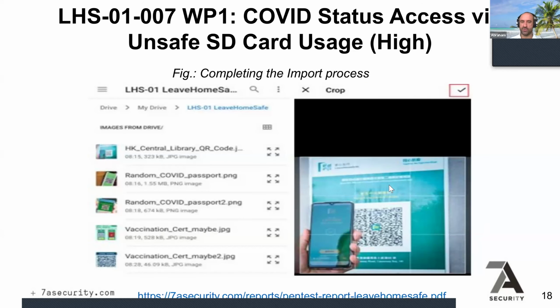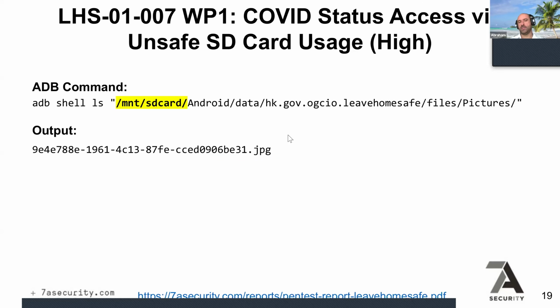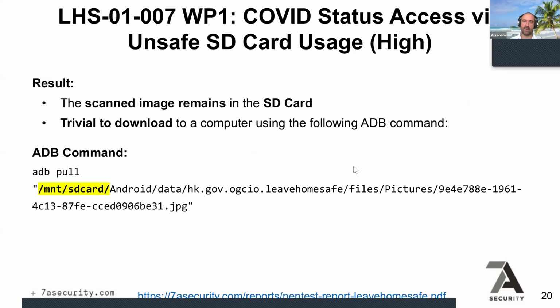So you go into your Google Drive and you upload a picture, and then this picture was being saved on the SD card, right? So anybody could extract your SD card from your Android device and see your vaccination record without any authentication, without knowing your unlock pattern or anything else, right? So this was bad.